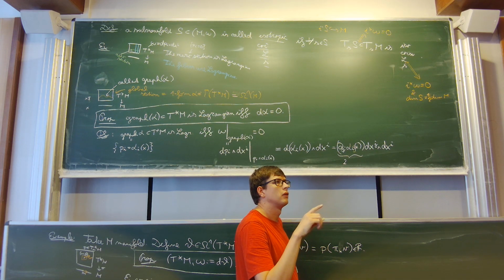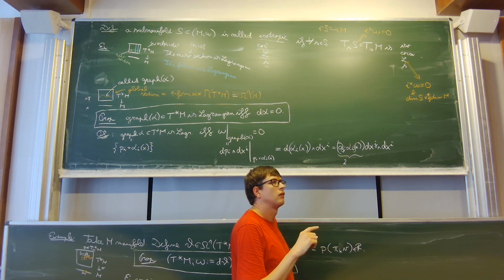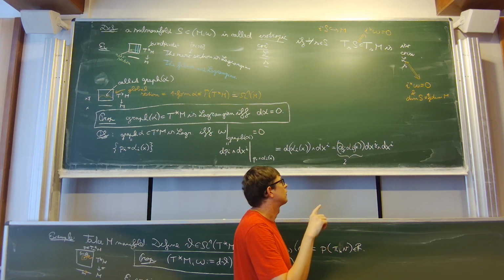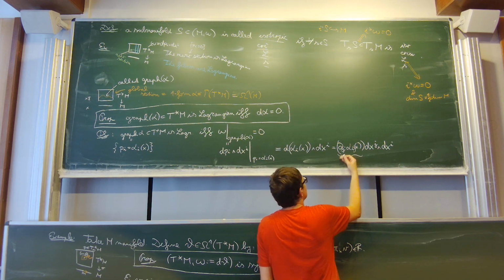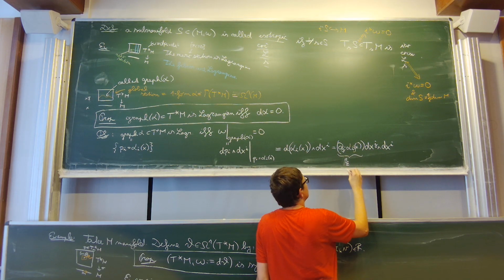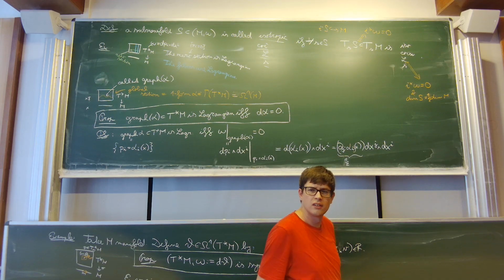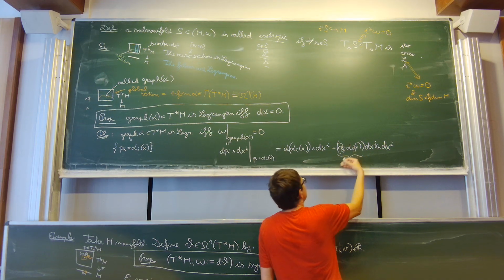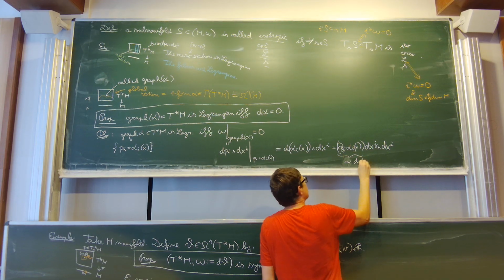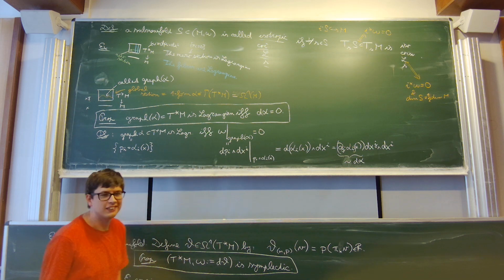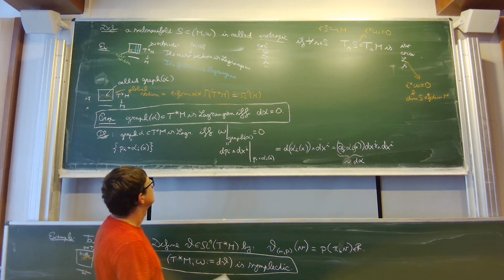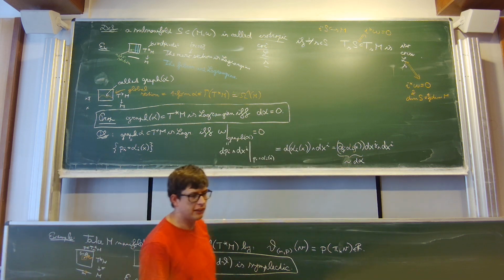Is it 2? No. It's 1 half. Whatever, it's 1 half. It's proportional to d alpha with some number. So the vanishing of that is simply saying that alpha is closed.